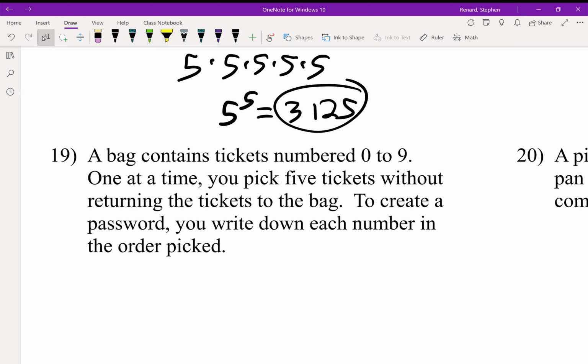So the first time I pick a number, there are 10 different options. Then there are 9 different options. Then there are 8 different options. Then there are 7 different options. And when I reach in to pull out that 5th ticket, there's 6 tickets in there. So there's 6 different ways that could happen.